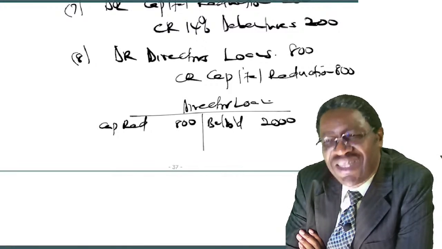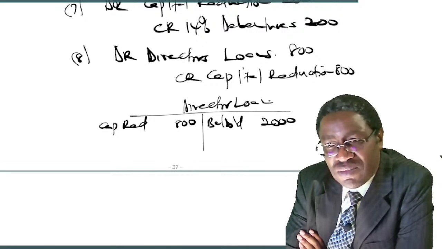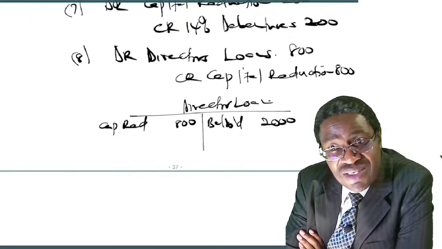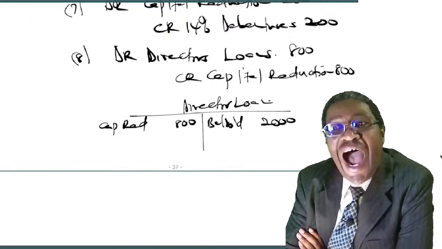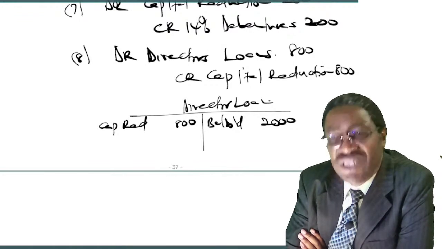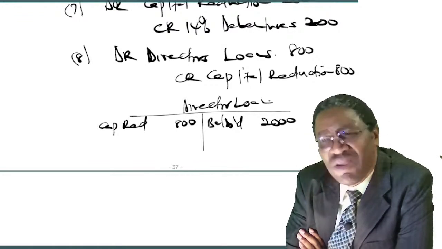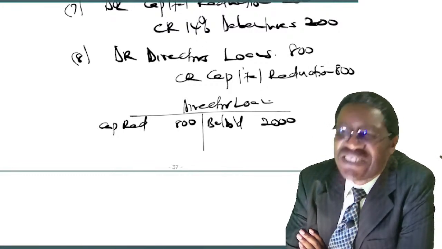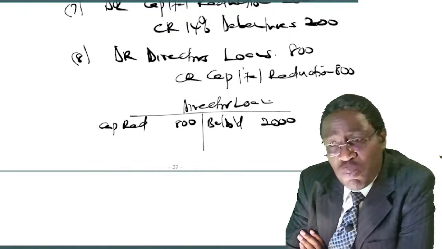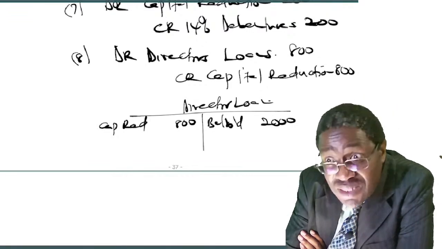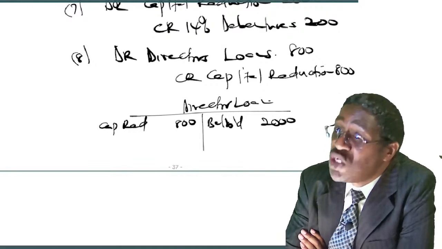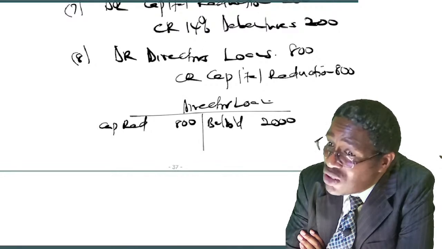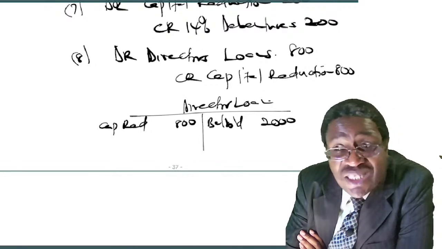Listen, the question does not say at what value the share is being issued. Yes, everybody knows that the share has already been redesignated as 2.5. But that does not mean that we shall always be issuing shares at par. No, we shall not be saying that we are always issuing shares at par.